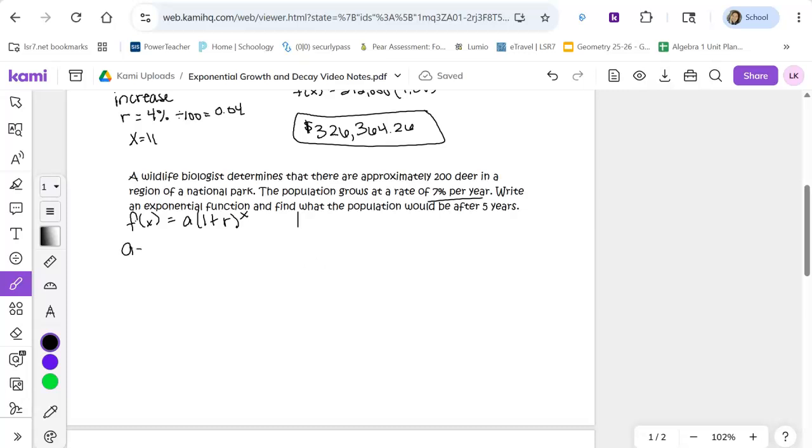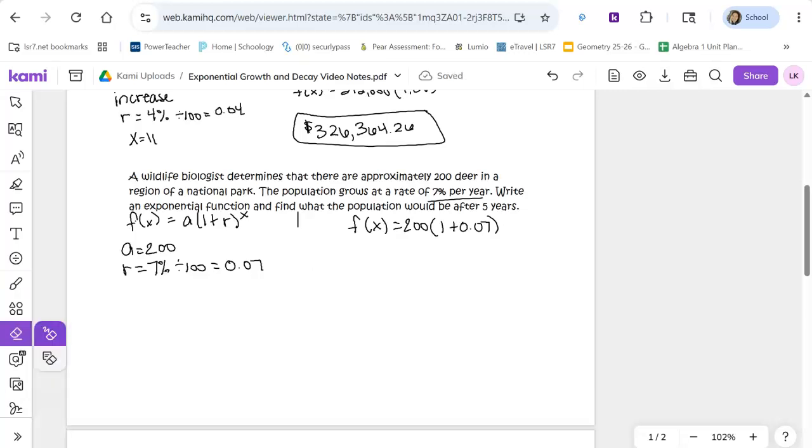I have a is 200. Our rate is 7%, which when you divide that by 100, it gives you 0.07. So my function is just f of x equals 200 times 1 plus 0.07 to the x power.